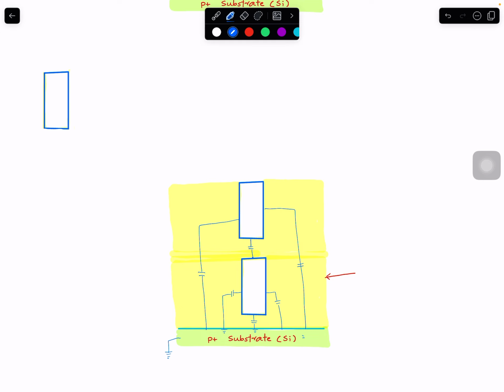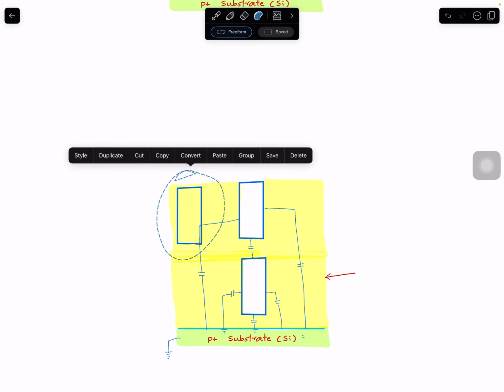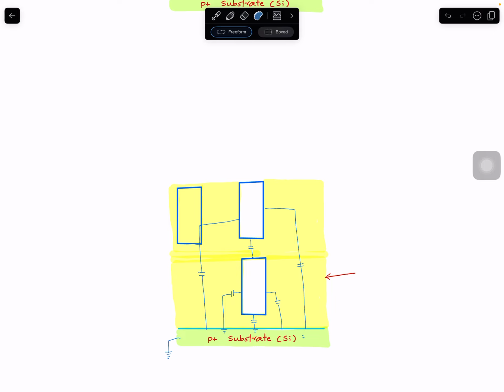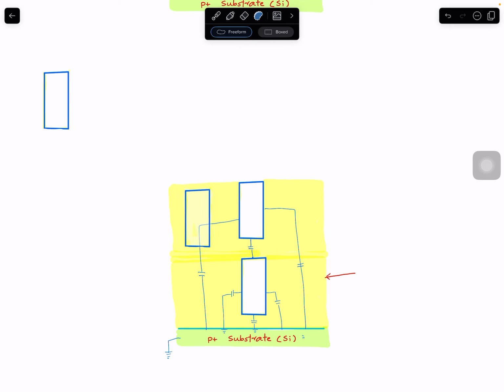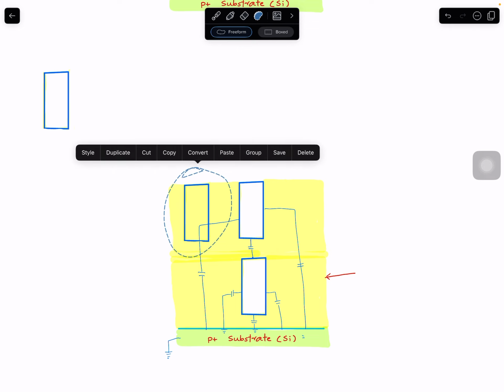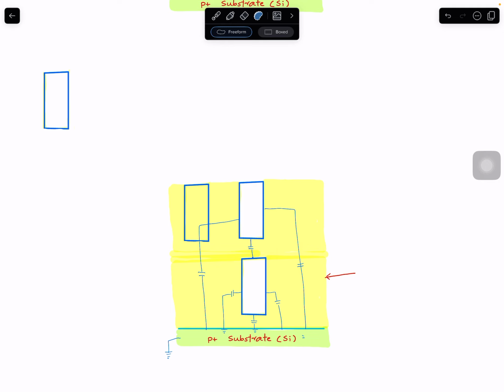Now, if you include this, there is another capacitance on the side. What happens now? Let's say there's another metal here. There is a capacitance with respect to this one too, and this one now maybe has capacitance with respect to this.